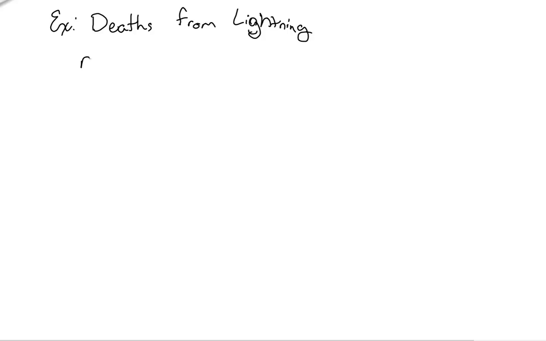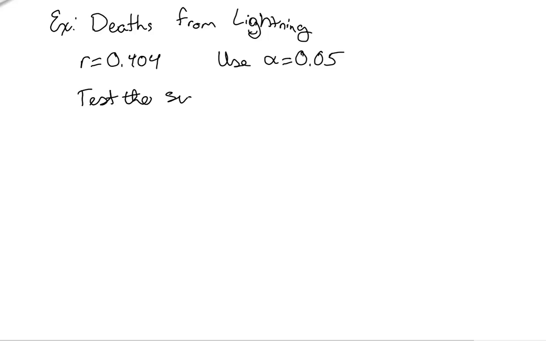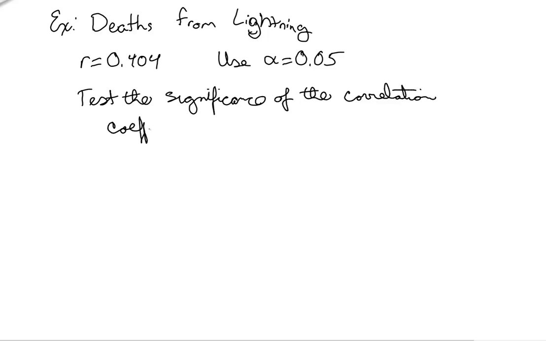We had already found that r was 0.404 and we want to use alpha, in this case 0.05, and we want to test the significance of the correlation coefficient. Okay.